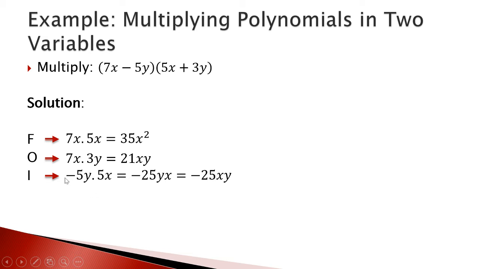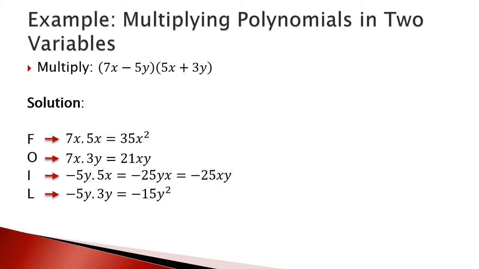So we have to multiply negative 5y by 5x. So negative 5 times 5 it is negative 25, and y times x is yx. And yx is also equal to xy. So negative 25yx we can write as negative 25xy.